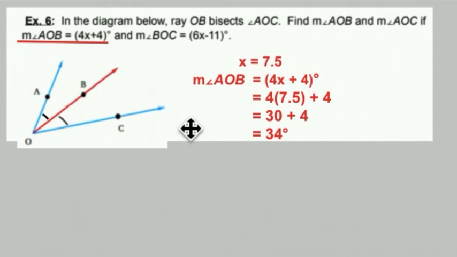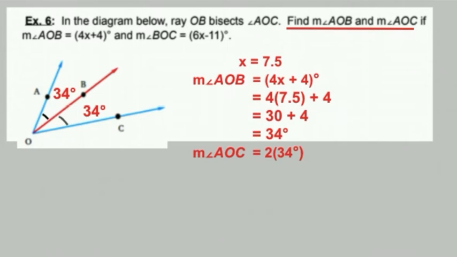So the measure of angle AOB is 34 degrees. Since these have the same measure, this is also a 34-degree angle, and the measure of angle AOC will just simply be 2 times 34 degrees, which is 68 degrees. I could say I was done, but I always like to check my work.